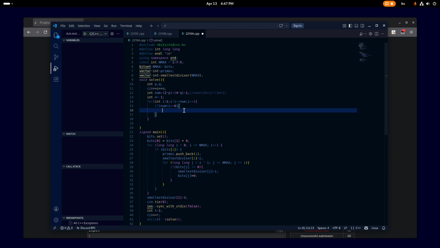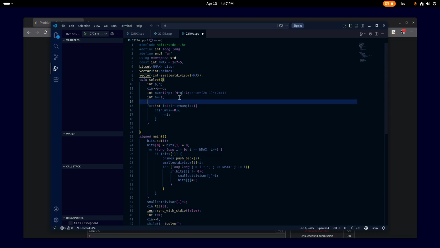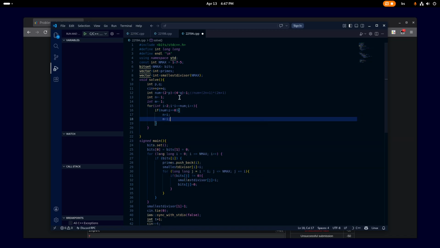But if it's like this, then n equals i and m equals i, right?